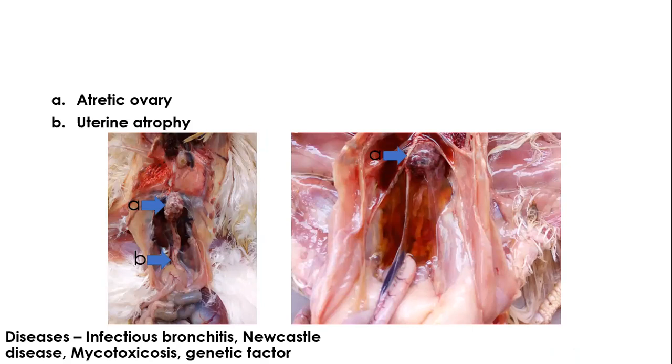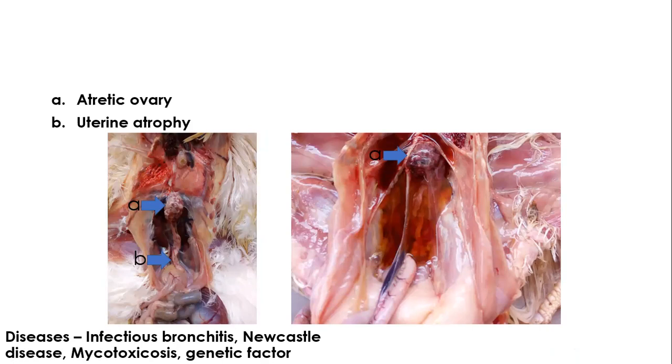It looks as if these animals have never reached reproductive age, whereas they have reached reproductive age, but unfortunately their ovaries have become atrophic. And for you to know that they have reached reproductive age, if you look at B, you will realize that even their uterus is becoming atrophied, is shrinking.